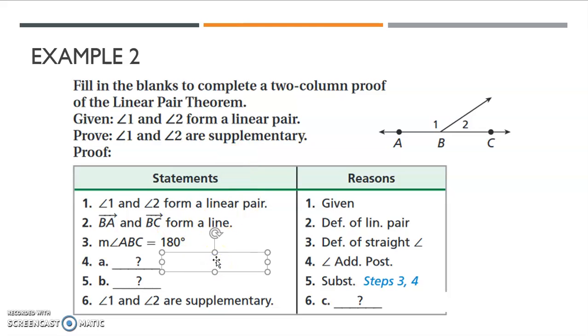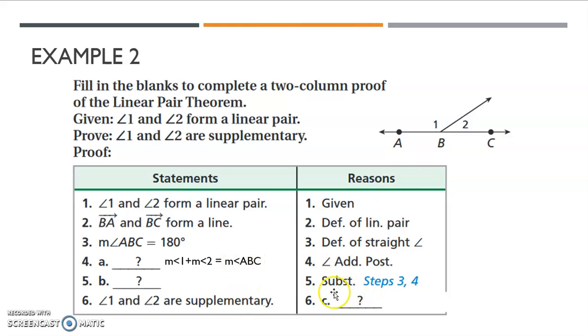Okay, the equation I wrote is this. The measure of angle 1 plus the measure of angle 2 equals the measure of angle ABC. Because the angle addition postulate lets us take this angle plus this angle, and it adds to the big angle. Remember, they're adjacent angles added together get you the big angle. Or part plus part equals whole.